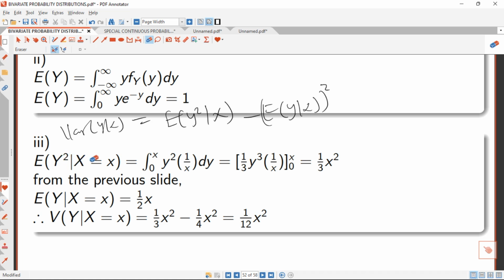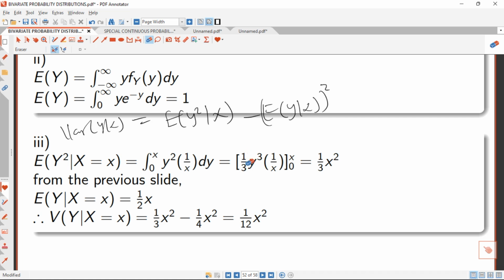Our x is constant here, so our y is going to vary, so you have to integrate over the limit of y, and multiply the conditional probability by y squared. So here it will be the integral from 0 to x of y squared times 1 over x dy.